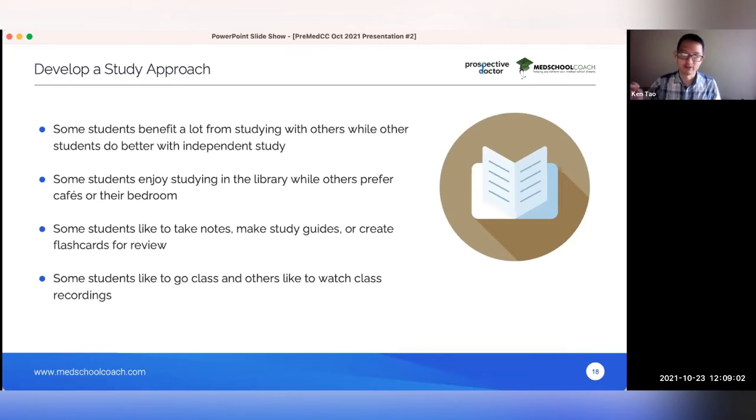Some of these students are the ones who like to take very, very detailed notes. So if they're in the live class, the professor's speaking too fast and they can't take down all of the notes quickly enough. So they prefer to watch a webcast or a recording of that class so they can pause it whenever they need to rewatch certain portions. It's not to say any one of these approaches is right or wrong.